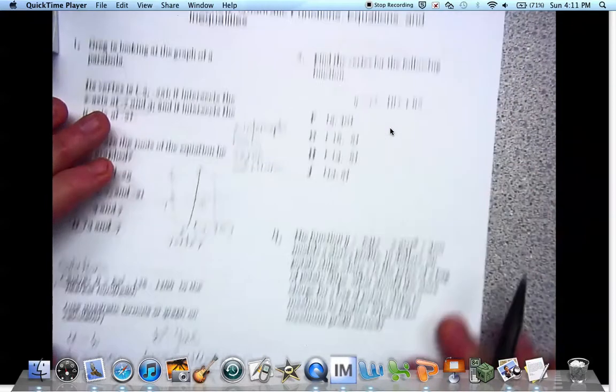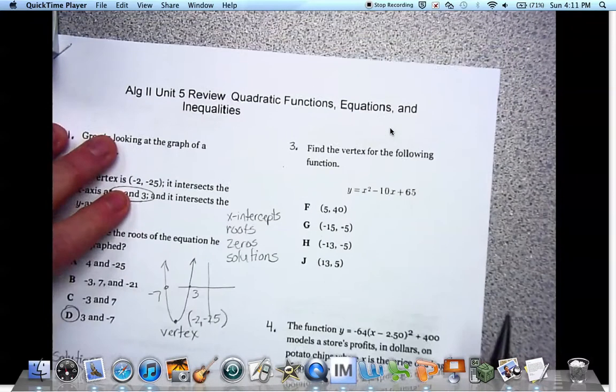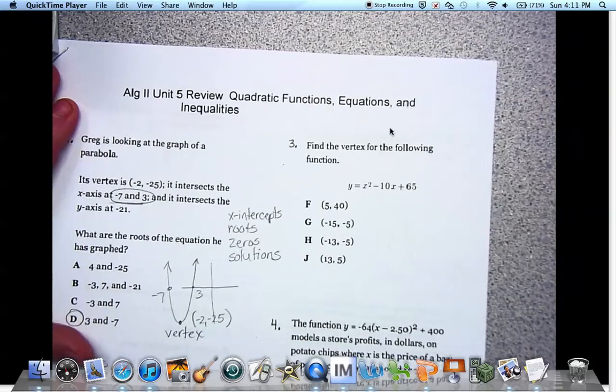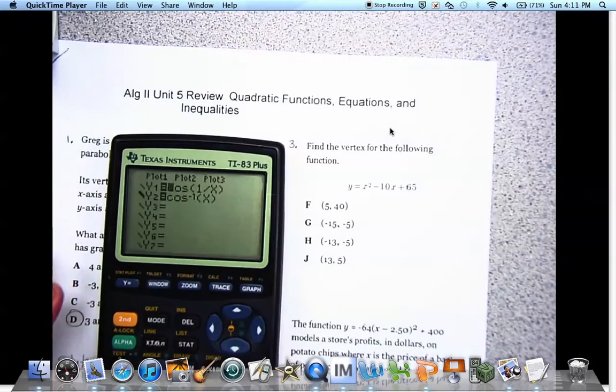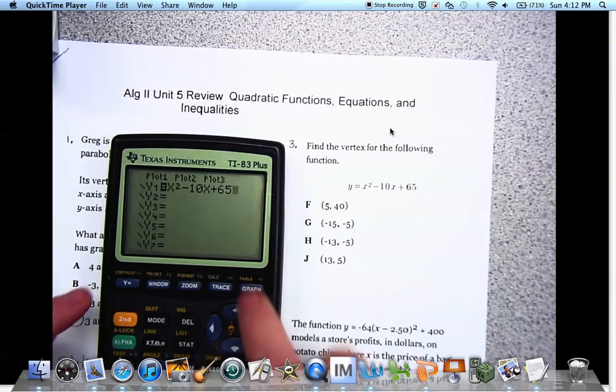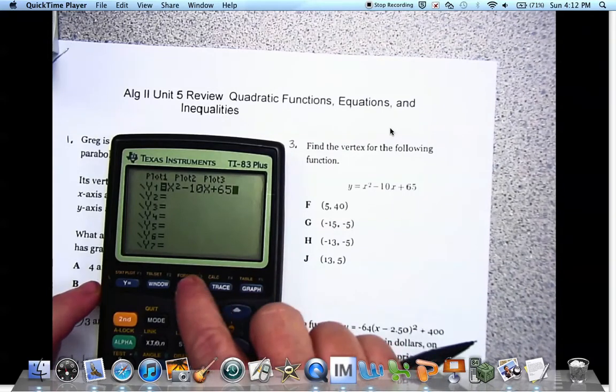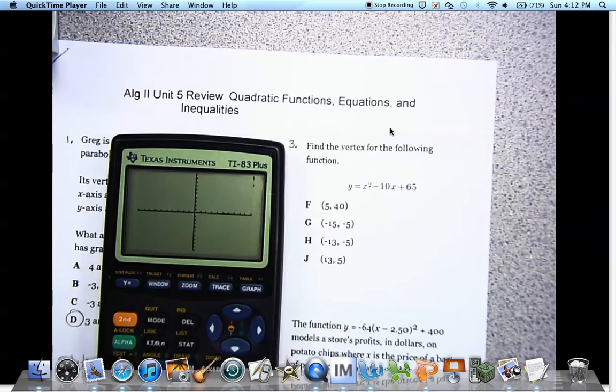Okay, number 3: find the vertex of the following function. The vertex is either the maximum or the minimum. We're going to plug this in: x squared minus 10x plus 65. Let's start at zoom 6 and see if we can see the graph.